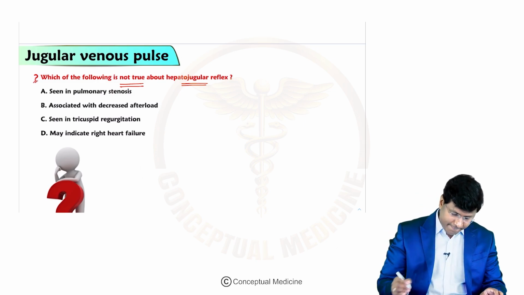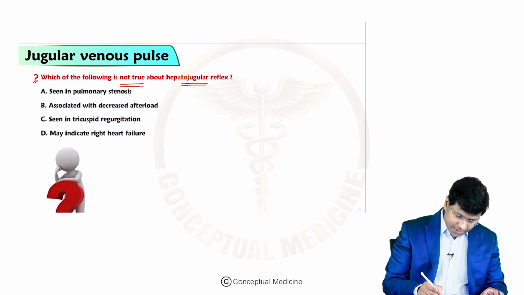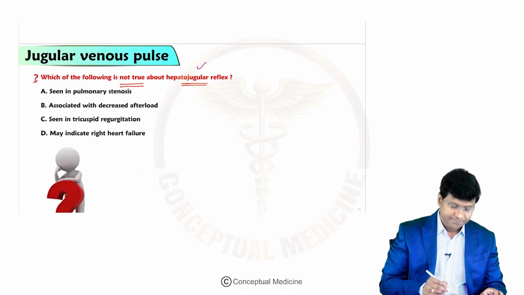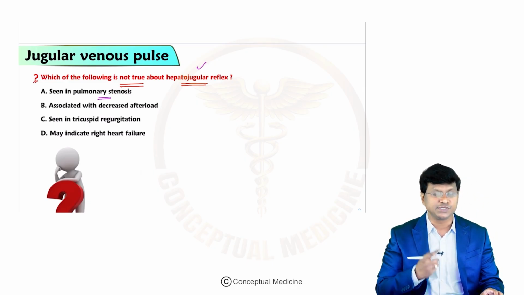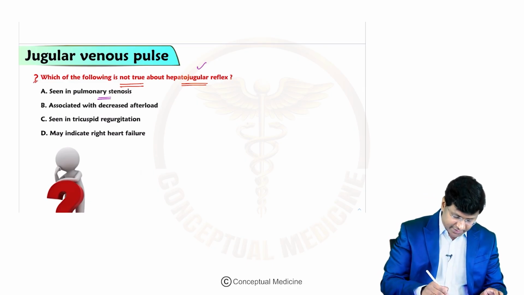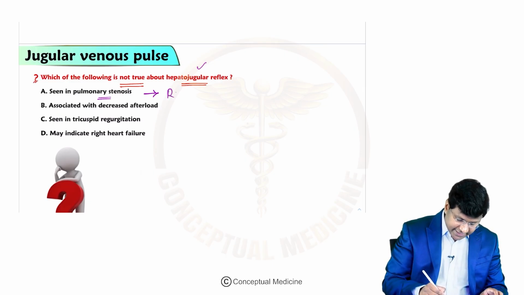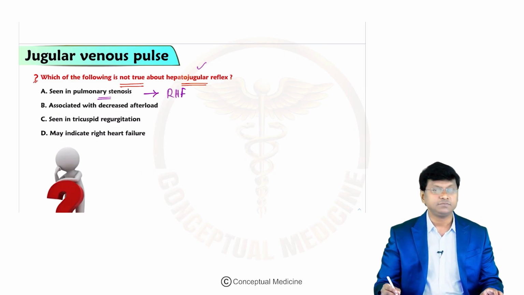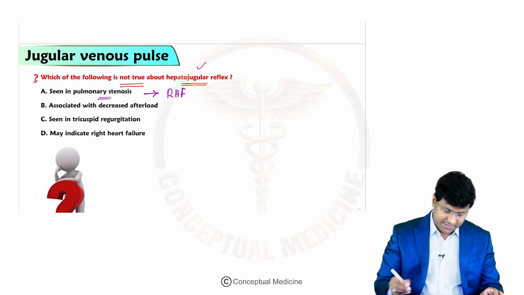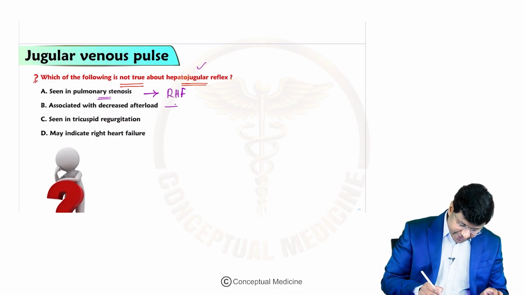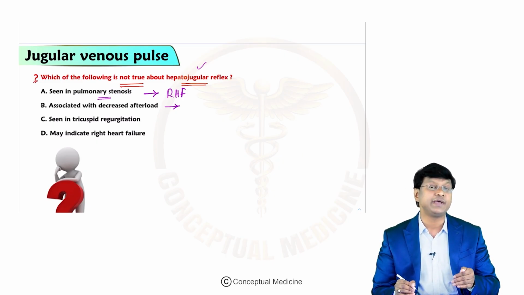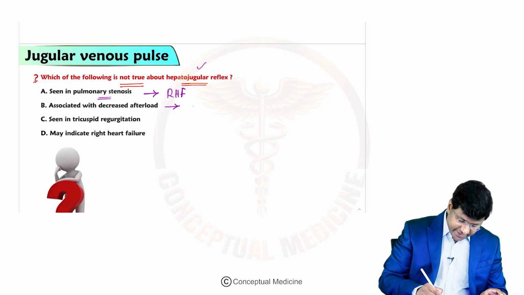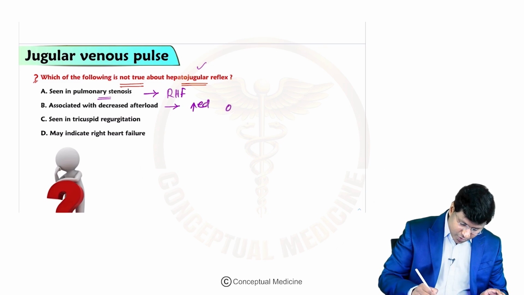The hepatojugular reflex is seen in patients with pulmonary stenosis, because in pulmonary stenosis there will be increased afterload on the right ventricle, and that will lead to right heart failure. And the next important point is, in these patients with a positive hepatojugular reflex, there will be increased afterload on the right ventricle.